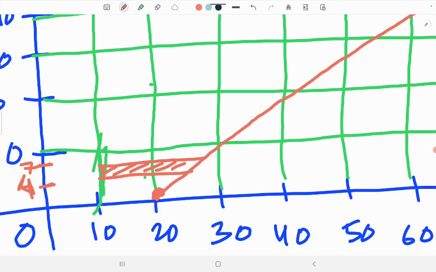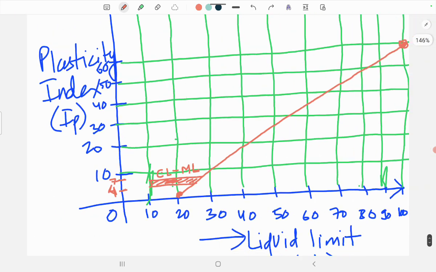So if the soil data plot falls in this zone, you have to write this as clay of low plasticity and silt of low plasticity. So it is a clay-silt of low plasticity kind of mixture. If while plotting your data falls in this region, then you have to write the soil classified as CL-ML.